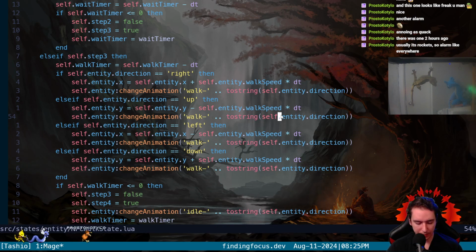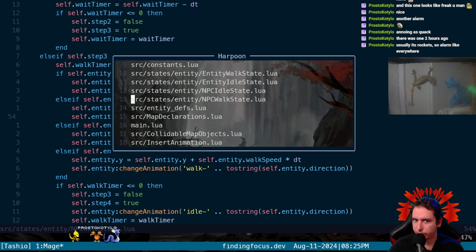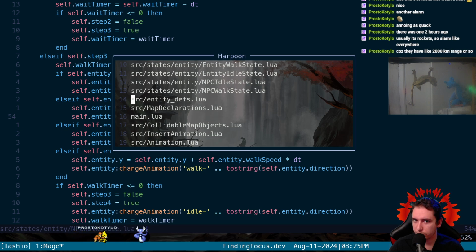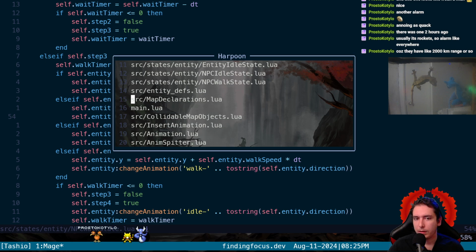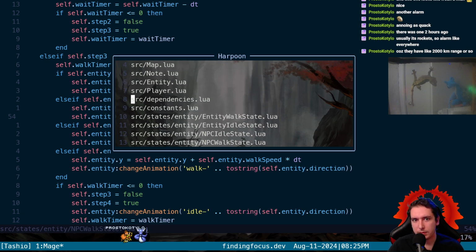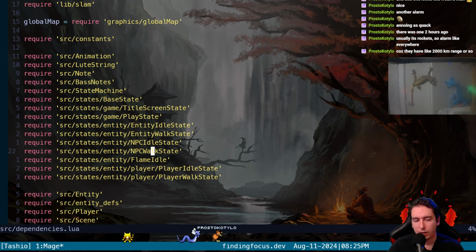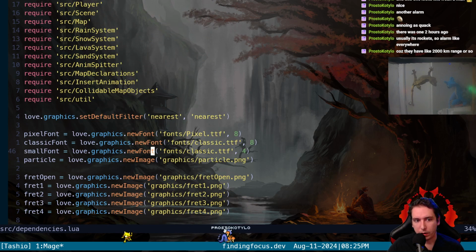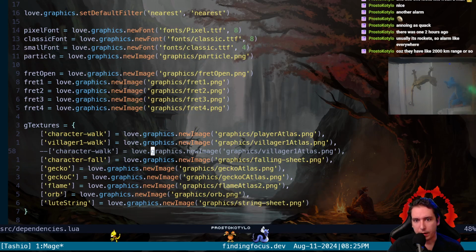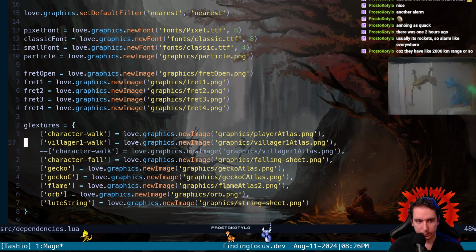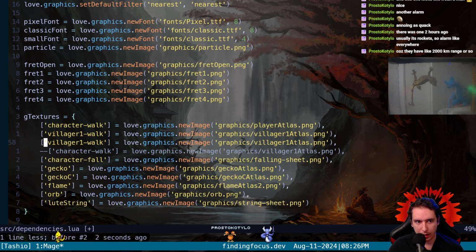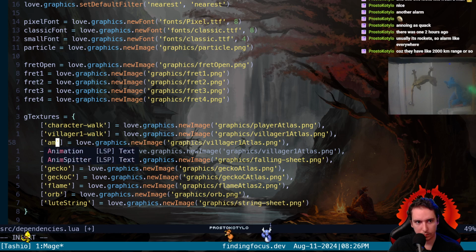So let's try to get him in the game. Let's go. Yeah, let's go into our dependencies here, and we will require our, just like we are requiring a Villager 1 Atlas, we shall have a Mage Atlas.